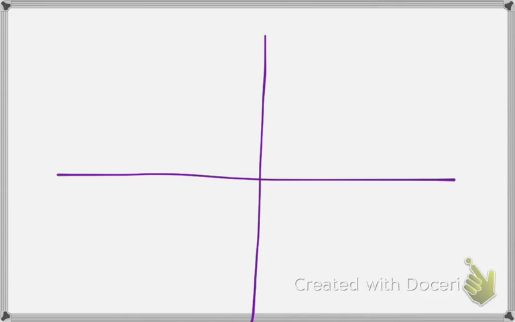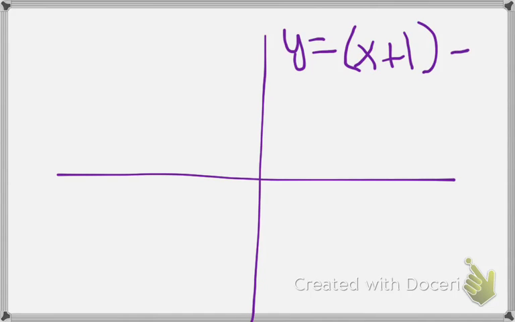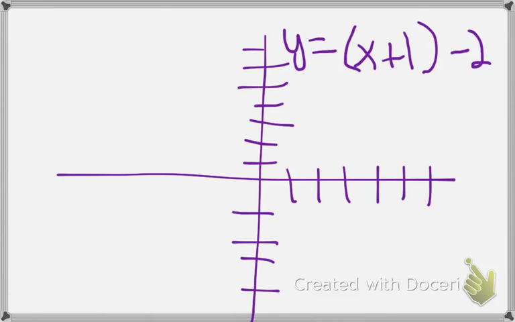So I hope you guys all know how to shift graphs, but if you don't, we'll do one example really quickly if you don't quite remember. So we have y equals (x plus 1) squared minus 2. Let's draw these really quickly. Now remember, what do we do when we have a plus 1? Well, we move to the left.